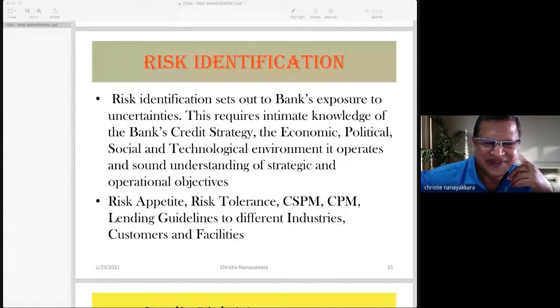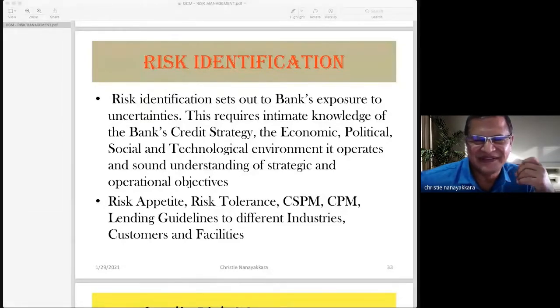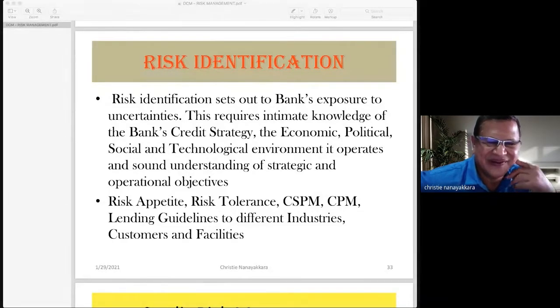To do identification, the people in the risk management department also must have certain other knowledge, because on your credit management side, they look at the documents, the application form, the information the customer provides, the criteria, because they are looking at a very micro level, only relating to the customer.